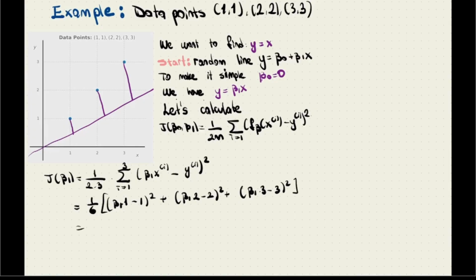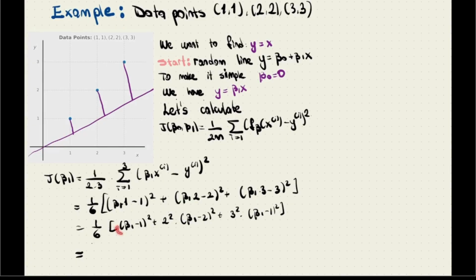If we look at the sum here, we have the common factors 2 and 3 there, so I'm going to organize it. We have the square of beta 1 minus 1, and then 2 squared times beta 1 minus 1 squared, plus 3 squared times beta 1 minus 1 squared. And then we look at our equation again.